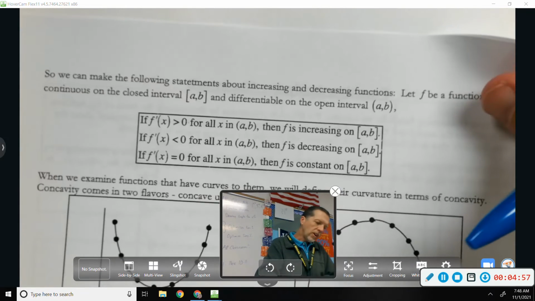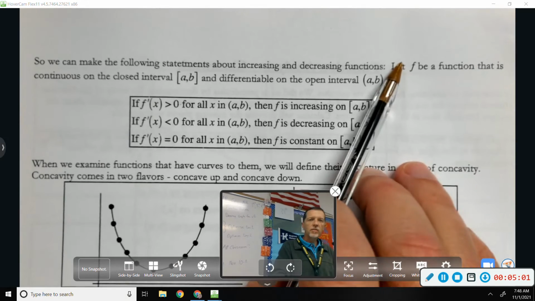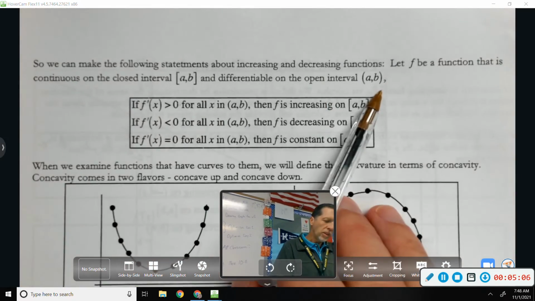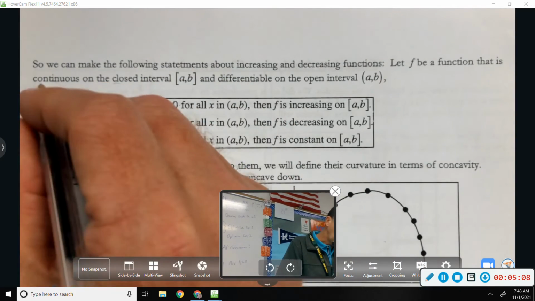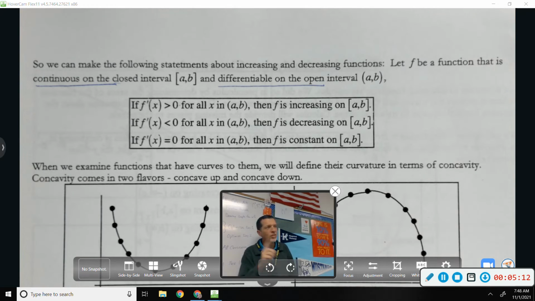We can make the following statements about increasing and decreasing functions. Let f be a function that is continuous on the closed interval, differentiable on the open. By the way, anytime we have continuous and differentiable, it's always continuous on the closed, differentiable on the open.